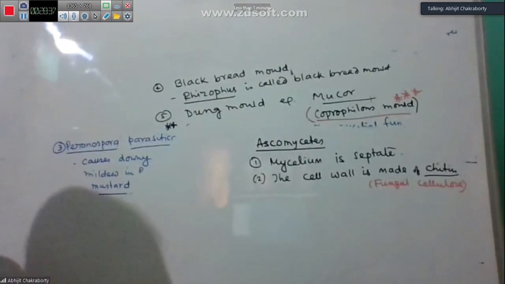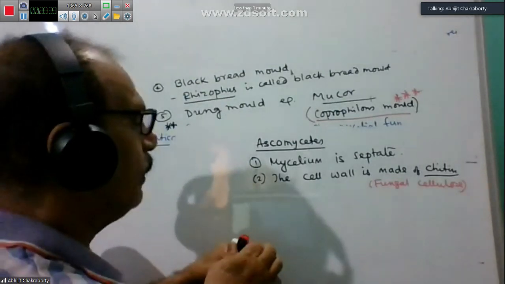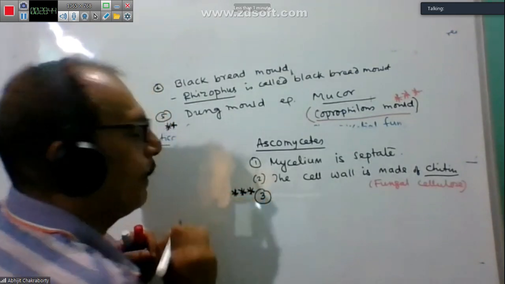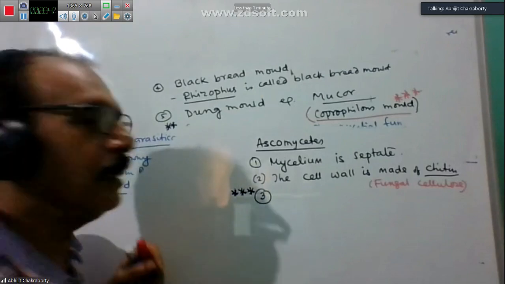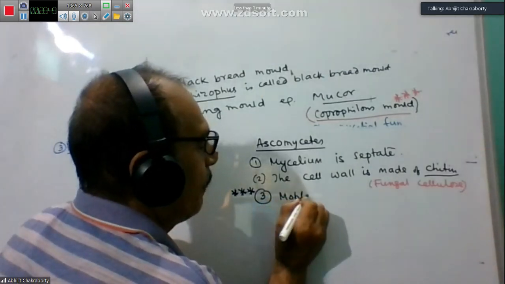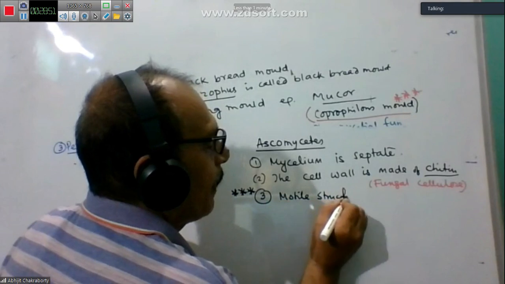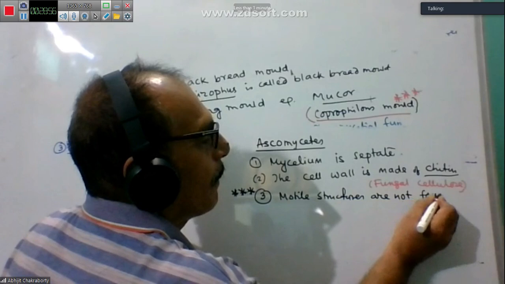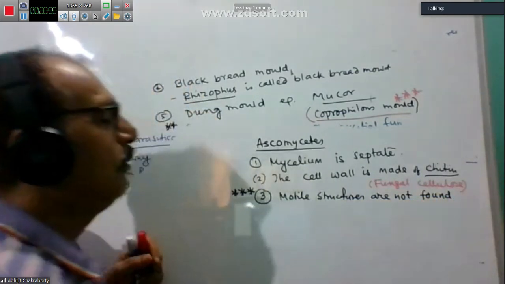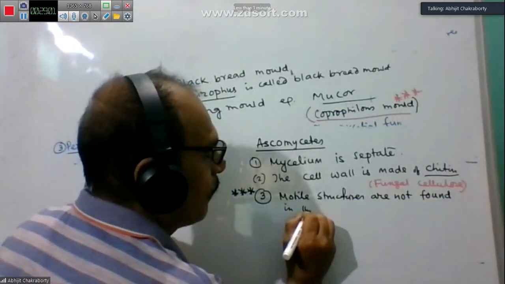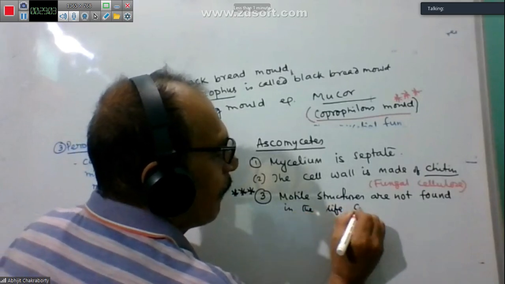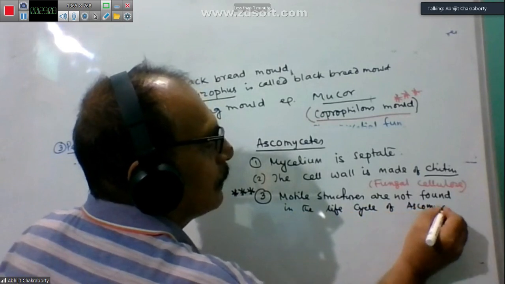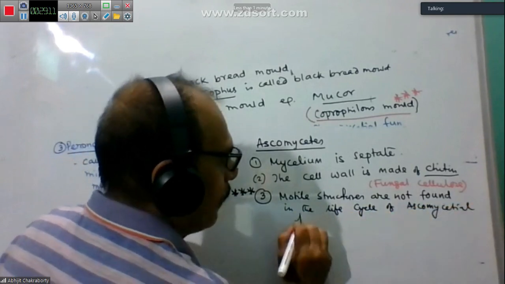Most important point, you need to remember it. Motile structures are not found in the life cycle of Ascomycetial fungi.